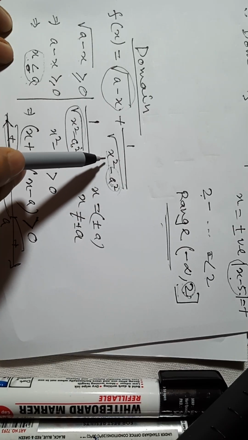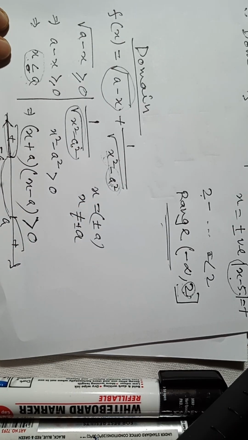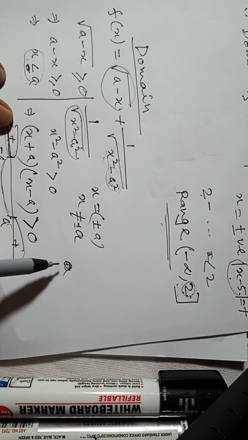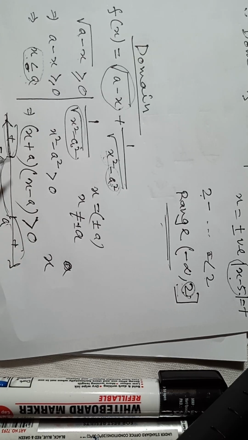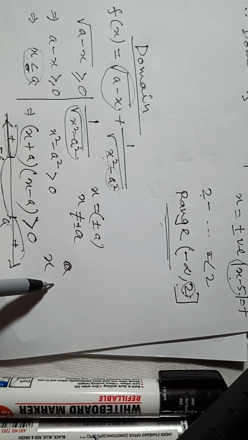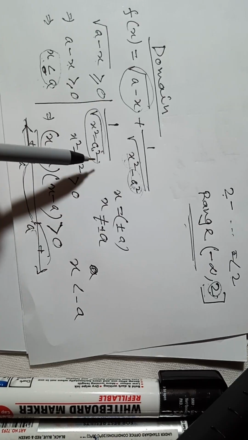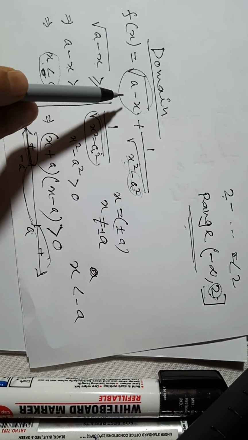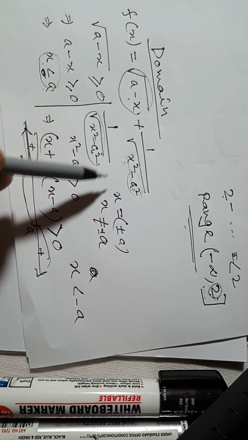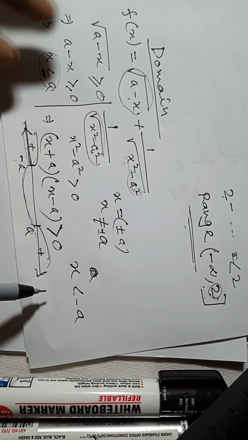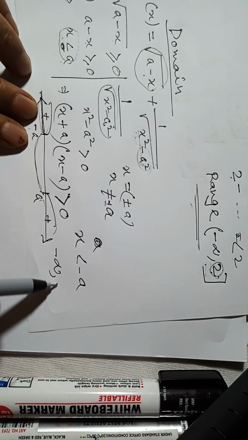square, it will be negative, and if a is, here we get x is less than minus a, so our minus a, if minus a, then minus this will be plus, and this is a square, any square number, it will be minus infinite to minus a.